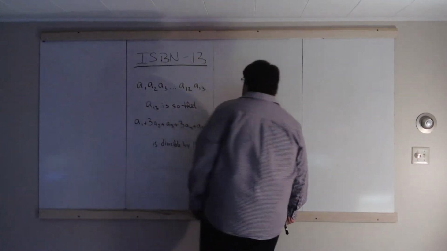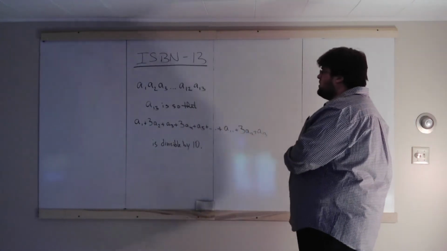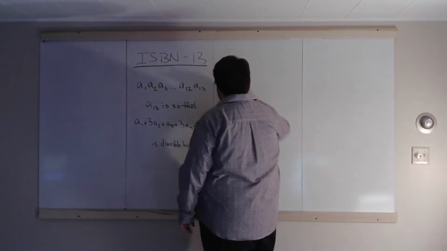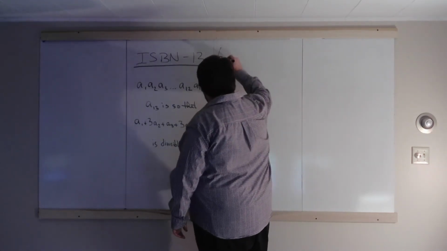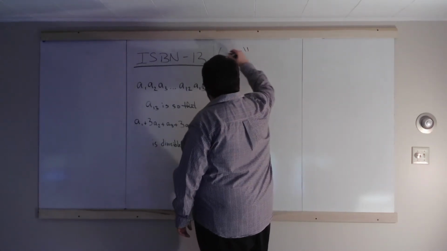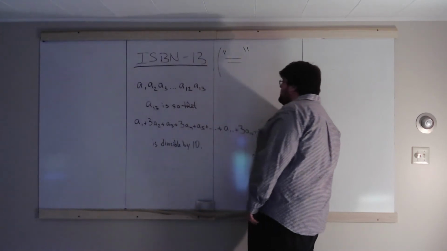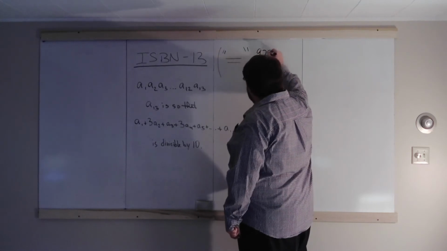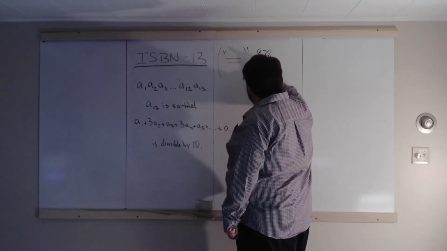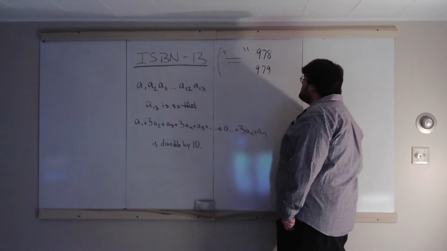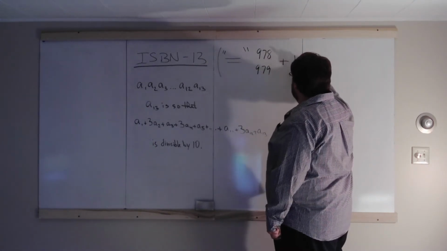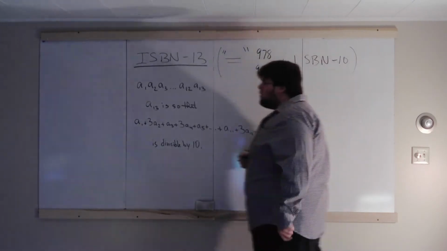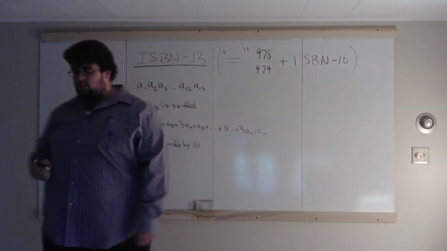Now, the ISBN 13 is an extension of the ISBN 10 in the following sense. So I'm going to say equals. I'm going to put the equal sign in quotes, though, because it's not completely equal. But the ISBN 13 is 978 or 979 plus the ISBN 10. Now, why is it quotes equal sign?